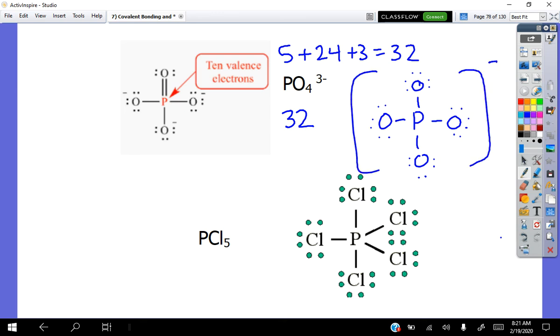The problem is, when you calculate the formal charges, each of these oxygens ends up having a -1 formal charge, and this phosphorus in the center ends up having a +1 charge. So as a result, you've got formal charges all over that molecule. And to reduce a formal charge, what we could easily do is, instead of leaving each of those oxygens as -1, because that's a large spread of electrons, we could take a pair and expand our octet to form an additional bond.